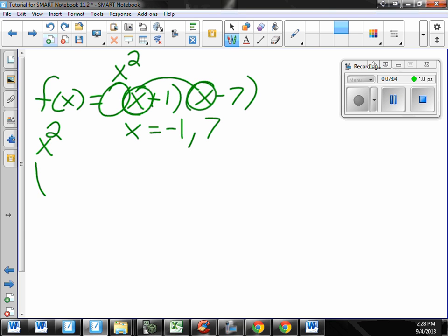So I know that the graph looks like this. I also know that it hits the x-axis at negative 1 and 7. So negative 1 and positive 7. That's what the graph looks like. That was easy.